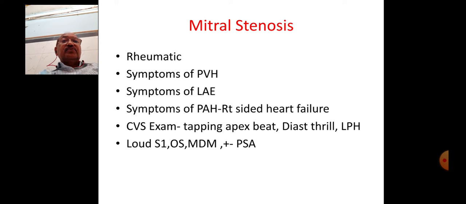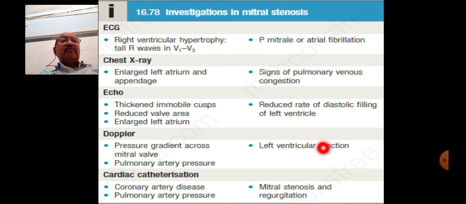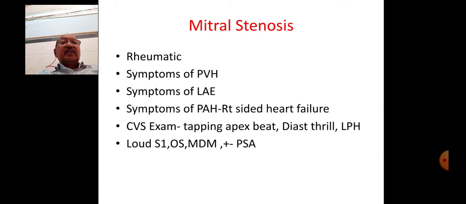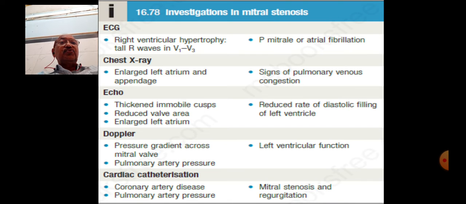So in mitral stenosis, one has to remember it is rheumatic; symptoms of pulmonary venous hypertension; symptoms of left atrial enlargement in the form of dysphagia and hoarseness of voice; symptoms of pulmonary artery hypertension leading to right-sided heart failure. And on cardiovascular examination: tapping apex beat, diastolic thrill, left parasternal heave, loud S1, opening snap, mid-diastolic murmur with or without pre-systolic accentuation.